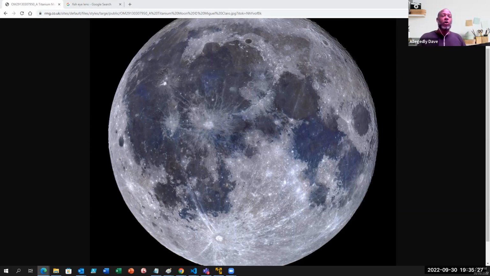Now, there is no model where something reflecting a hot light can ever produce cold light. That's impossible. So either the moon is producing its own light, or something else is going on, but it's certainly not reflecting the sun's light.